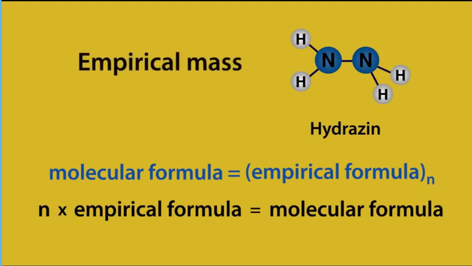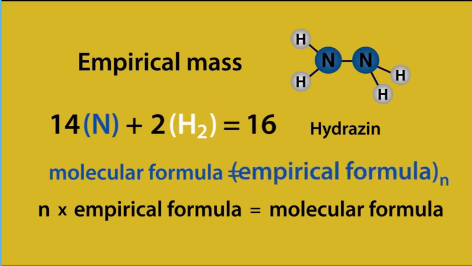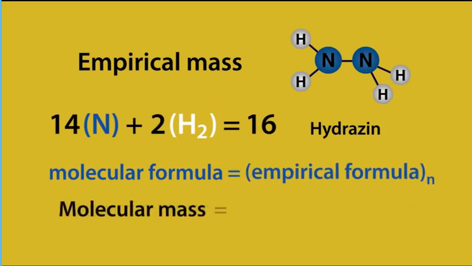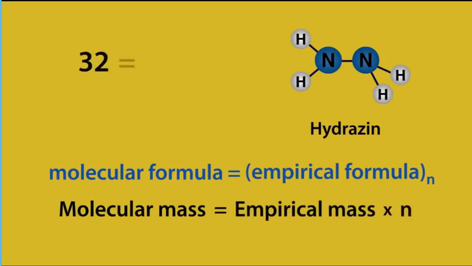So in this case, we have nitrogen, which is 14, plus hydrogen, which is 2, giving us 16. Now, just as the molecular formula is the empirical formula times N, the molecular mass is the empirical mass times N. So, the molecular mass of 32 is N times the empirical mass, 16.